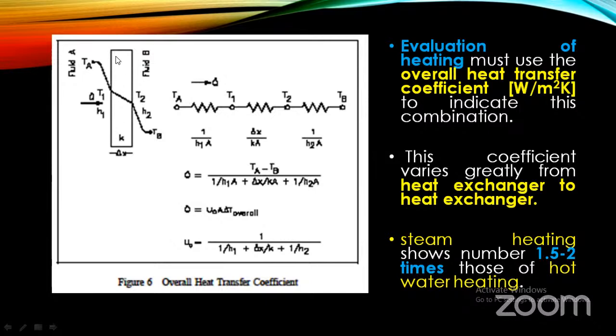So this is a slab, say, of thickness delta X with a thermal conductivity constant of K, and, for example, at the other side the fluid is at a temperature of TA, and what happens. Thickness of the slab, and also convection is there.